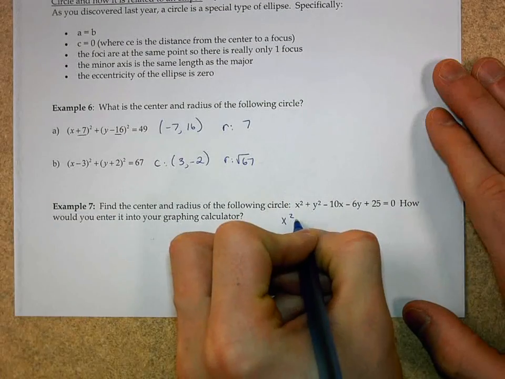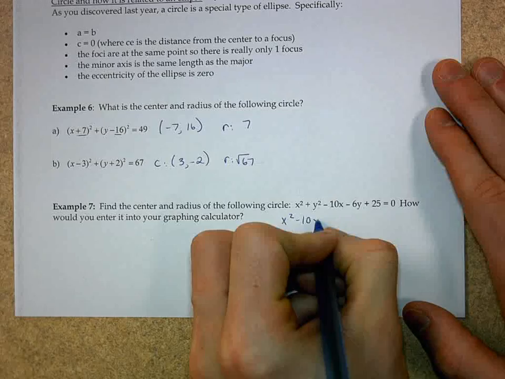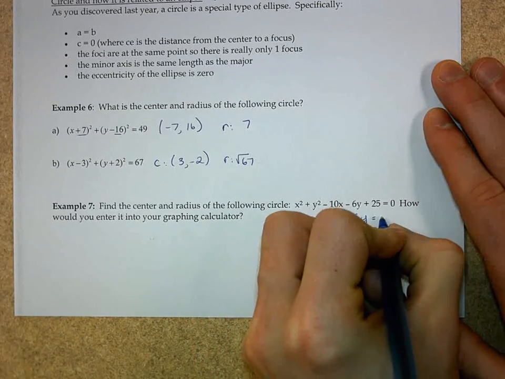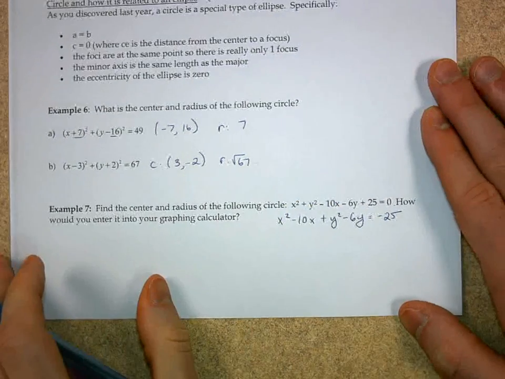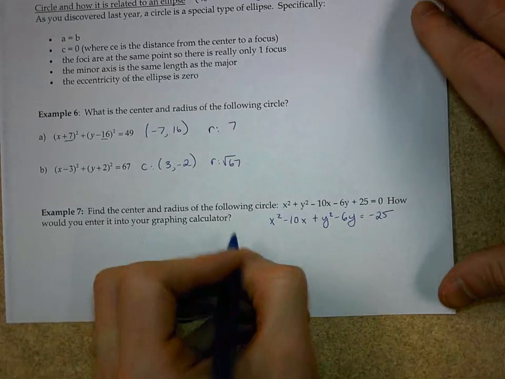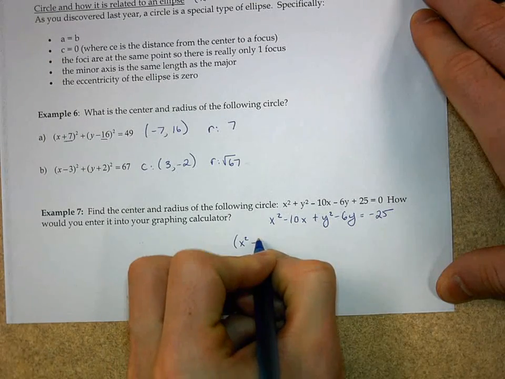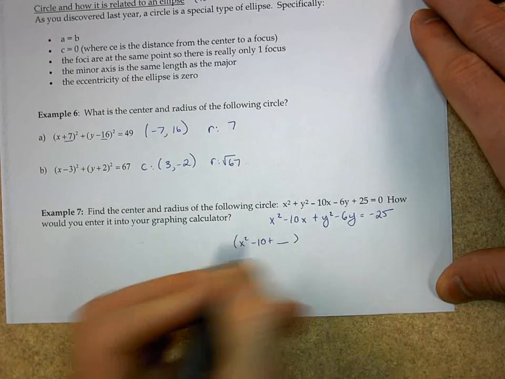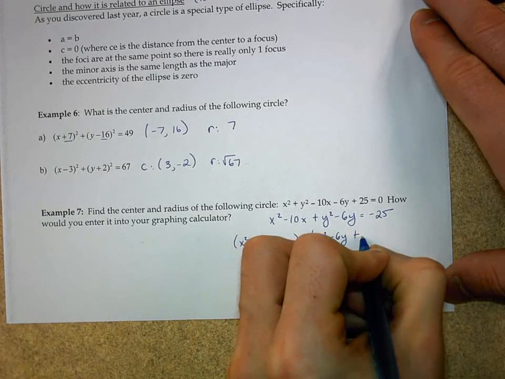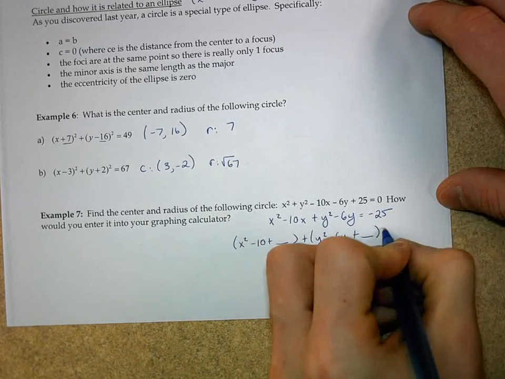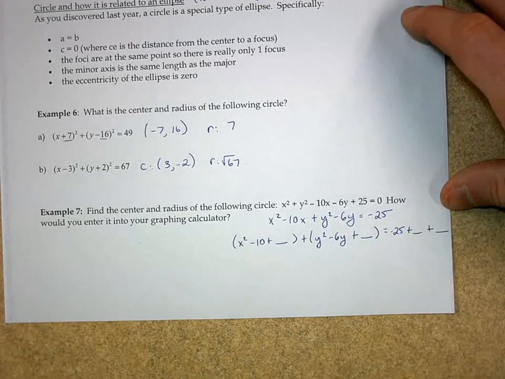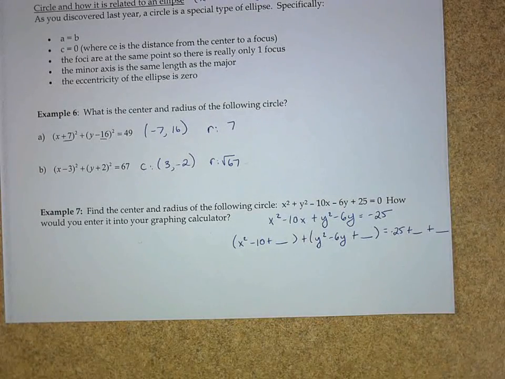When we complete the square, we group our x's and our y's together, and I move my constant to the other side. Then I take my x quantities, and there's going to be some number I add to the back. I take my y quantities, there'll be some number I add to the back, and whatever I add to the back of each of those quantities, I have to add to the other side of the equal sign.